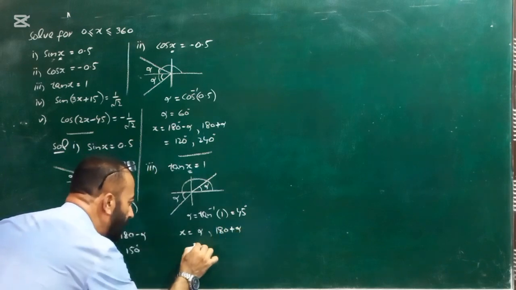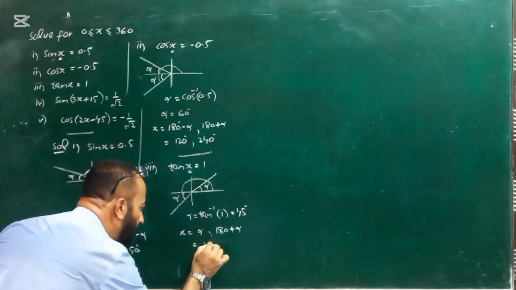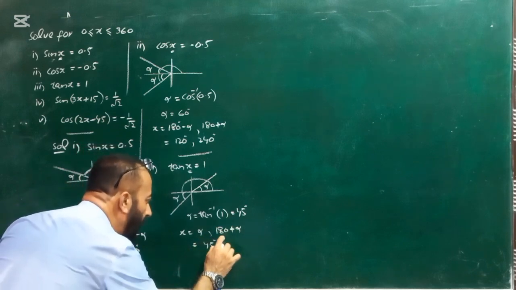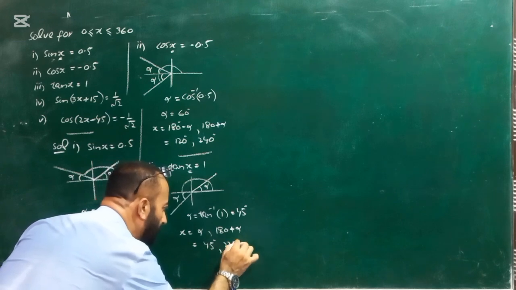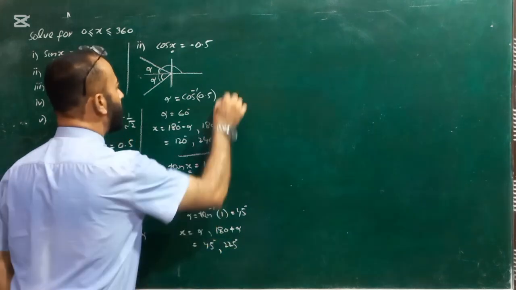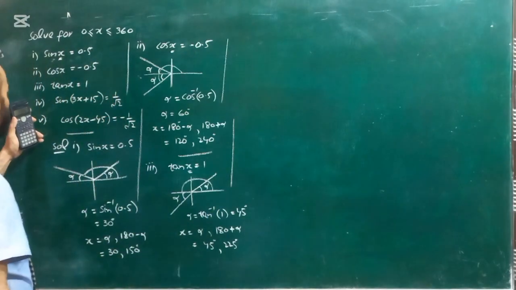So putting values into this, alpha is 45, so the first angle will be 45, and 180 plus 45 will be equal to 225. So these are the angles. Okay, moving further, fourth part.